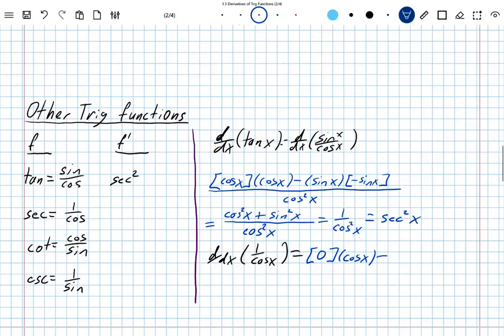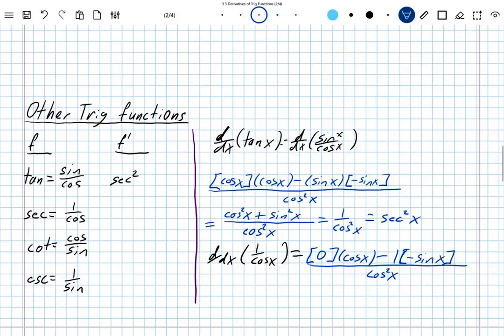Minus, leave the top alone, that's just a 1. Times the derivative of cosine, is hopefully getting to be automatic, negative sine. All over cosine squared again.